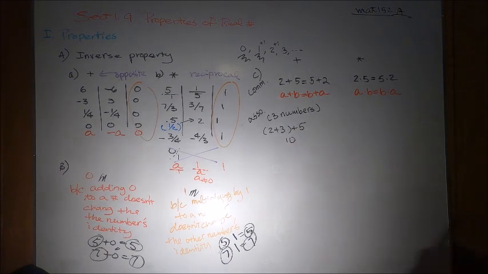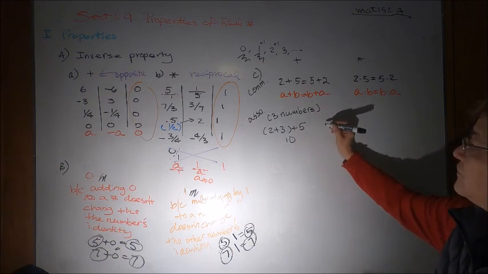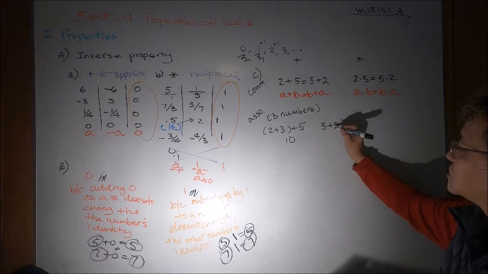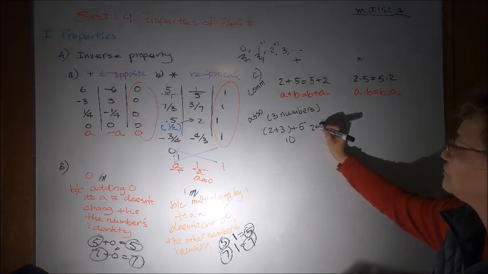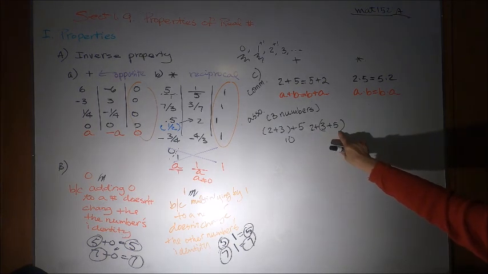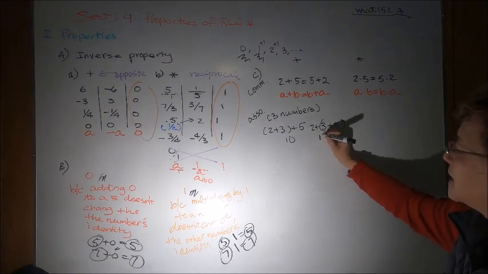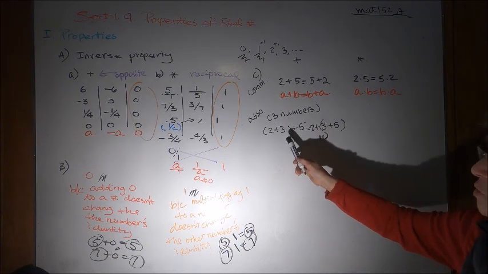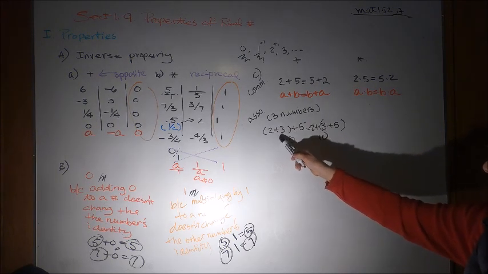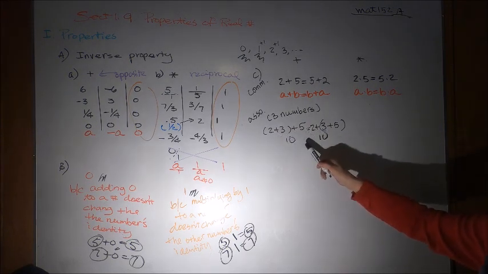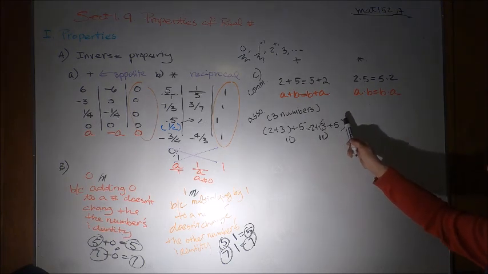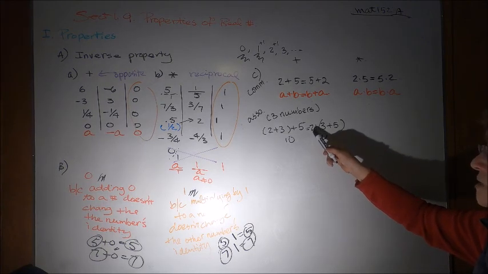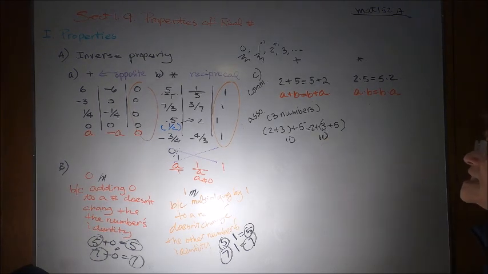I will end up with 10. And if I do 3 plus 5 first, then plus 2, 3 plus 5 is 8 plus 2, still 10. Are they the same thing? Right? So if I associate the first 2 numbers first, then the third one, or I can associate the last 2 numbers, then the first one, I end up the same.